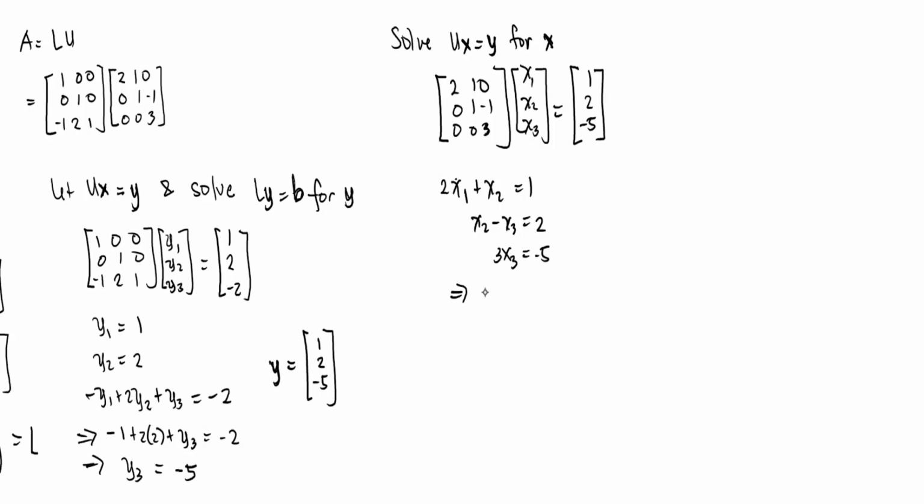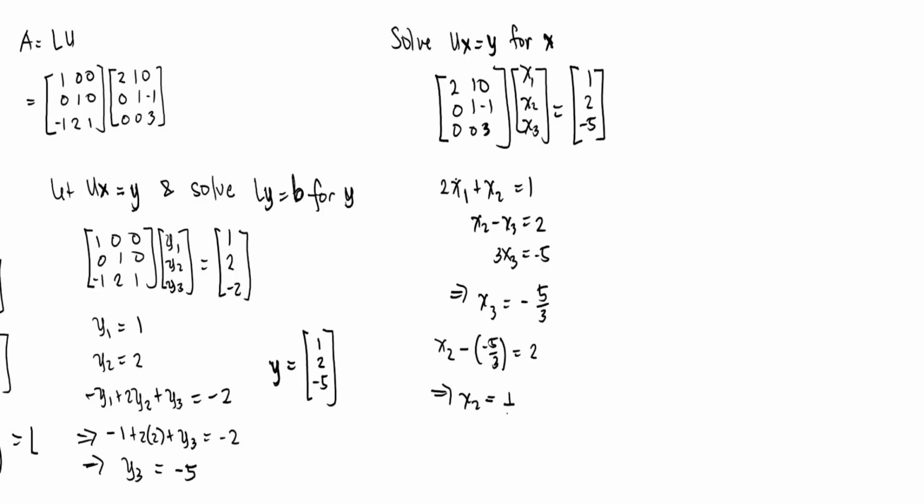So from here, our x sub 3 is equal to negative 5 over 3. We substitute this value to this second equation. So x sub 2 minus negative 5 over 3 equals 2. So this implies that x sub 2 is equal to, this is positive 5 over 3, transpose that one on the other side, so that's negative 5 over 3.